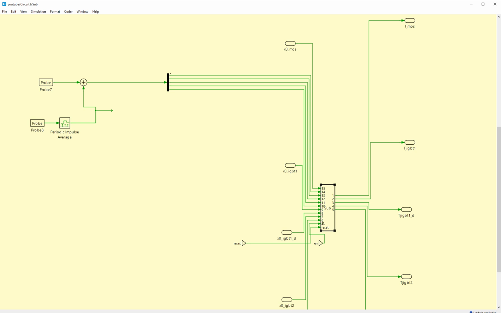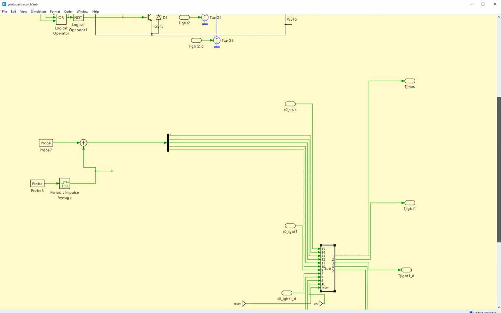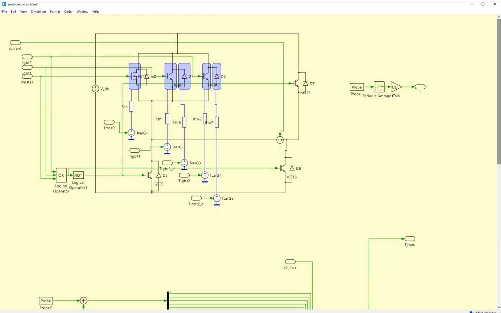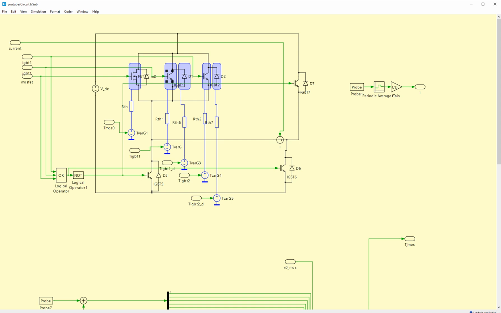This block simulates the junction temperature for each device: the MOSFET, the IGBTs, the diodes, and the other IGBT and diode pair. The reason I'm doing this is that, as I said earlier, for each device you can only set the initial temperature right at the beginning of the simulation.